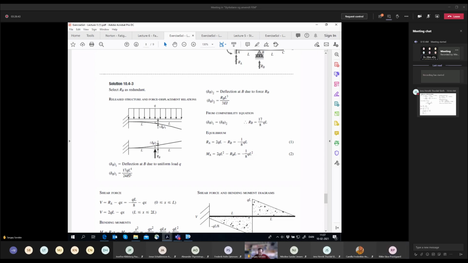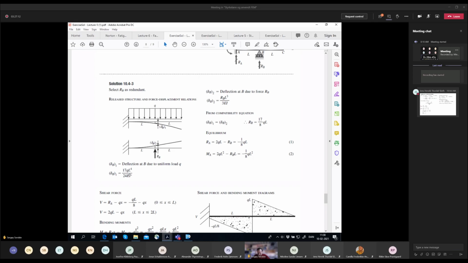Then you have the formula for v, which reads as minus Px squared over 6EI, brackets 3a minus x, right? First of all, you observe that the force acts not downwards but upwards, so we have to change the sign in front of the whole expression.